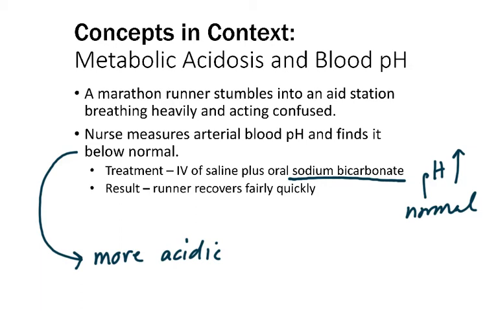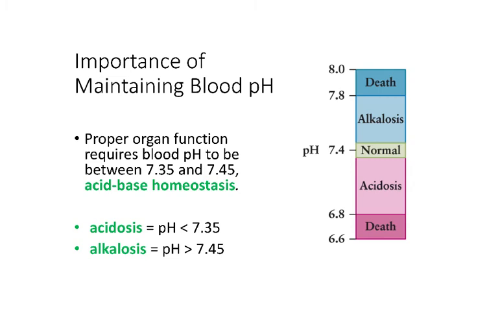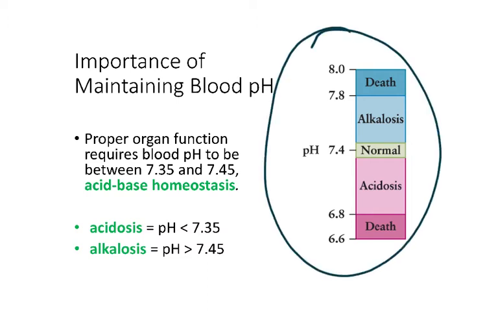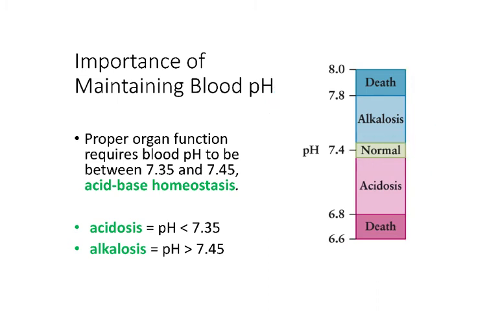So here's a brief look at normal blood pH, right? When it says it's below normal. It is very important to maintain blood pH. There's a regulatory system within your body that keeps things within this normal window right here. The proper organ function requires blood pH to be between 7.35 and 7.45.